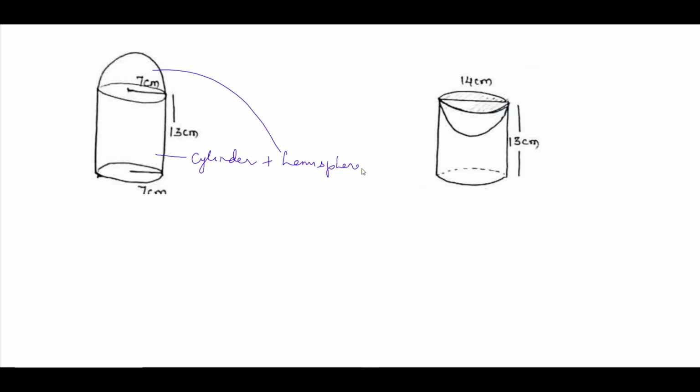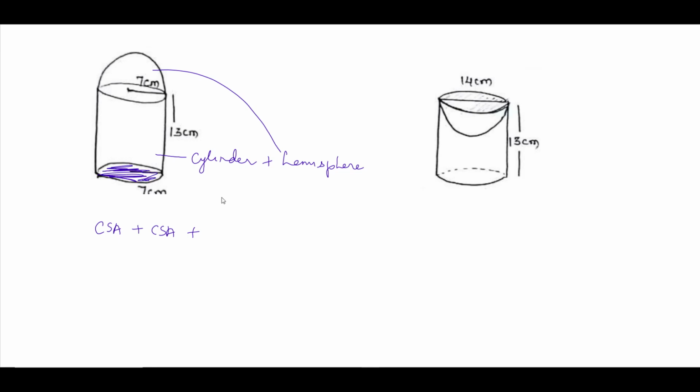If they ask you to find out the surface area of this solid, you will be finding out CSA of cylinder plus CSA of hemisphere plus this bottom portion also you should include.